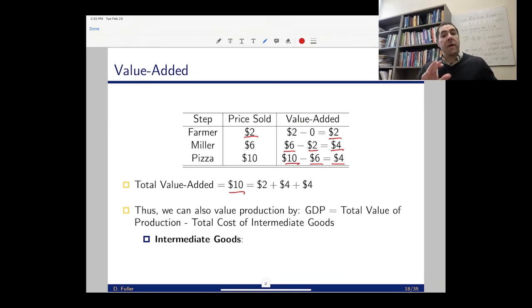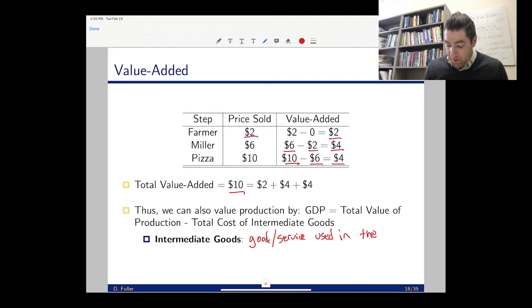Okay, so what is a final good as opposed to anything else? Well, the other thing we could have is an intermediate good, which is a good or a service used in the production of something else. Right?